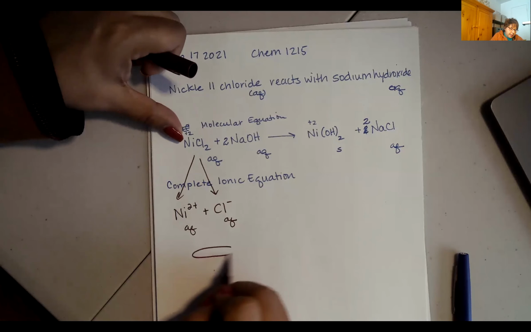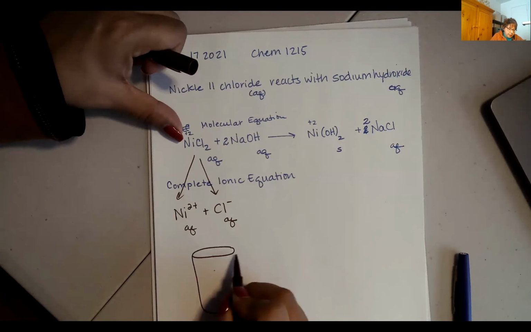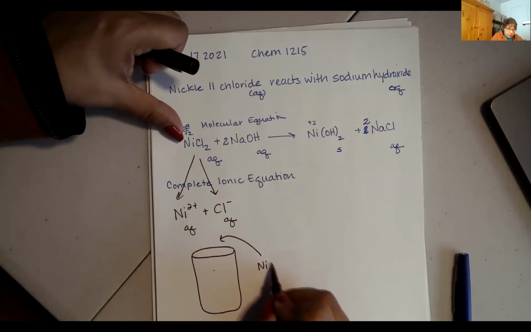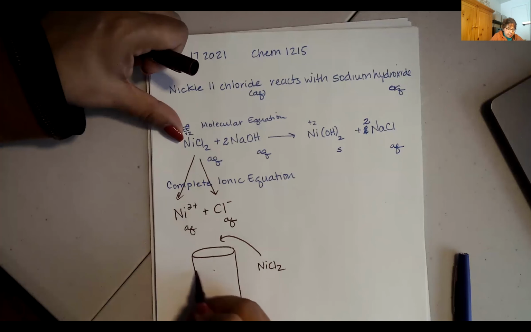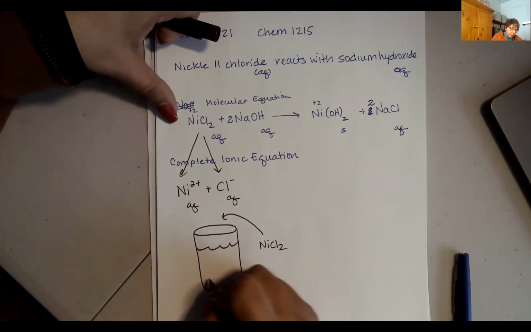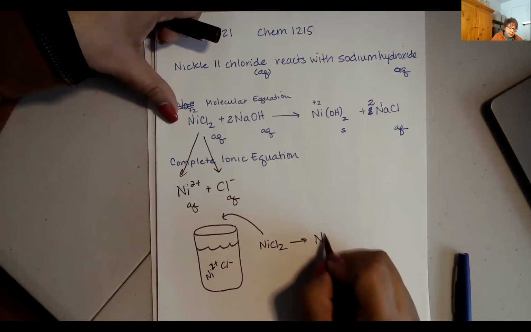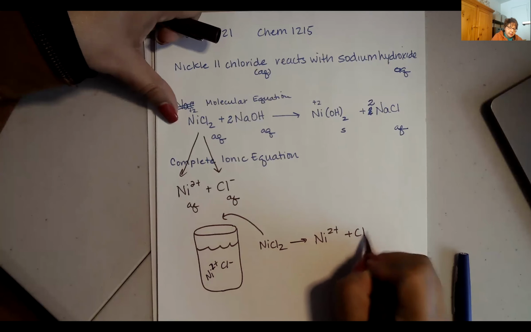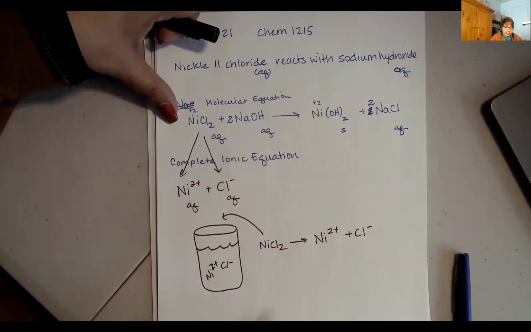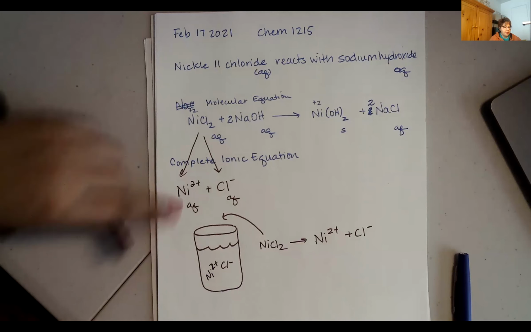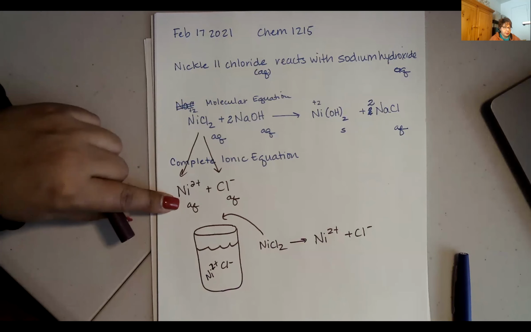So if I had a beaker and I put some nickel 2 chloride in there and there's water, because this is soluble, what would happen is it would break up into its respective ions. In other words, in water, nickel 2 chloride exists like this. It doesn't exist as a single crystal. It dissolves or breaks up into its ions.